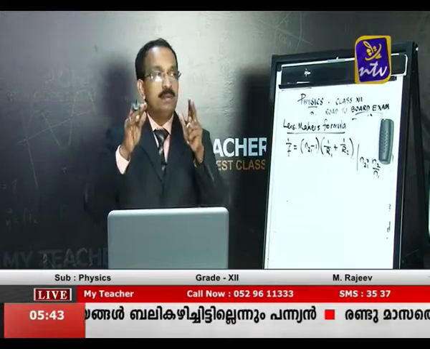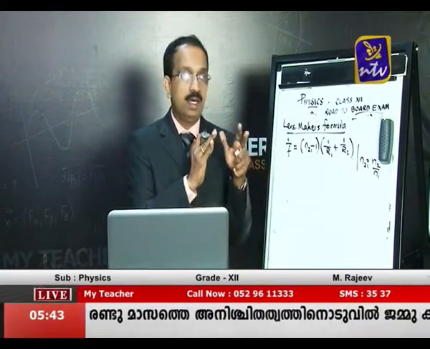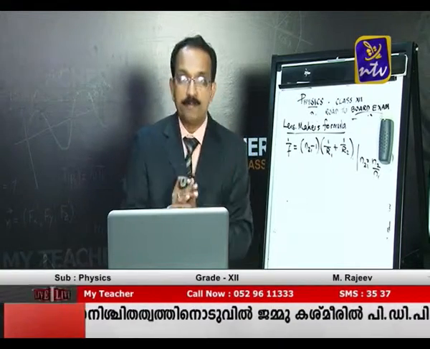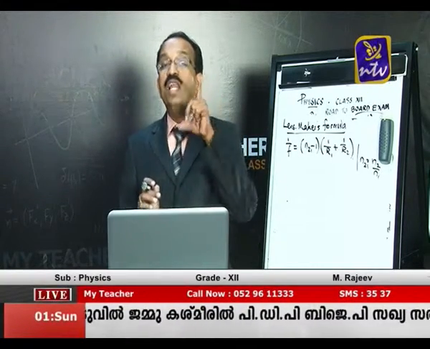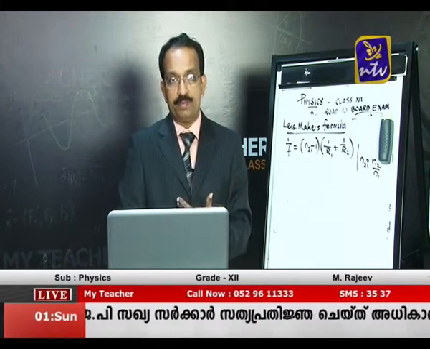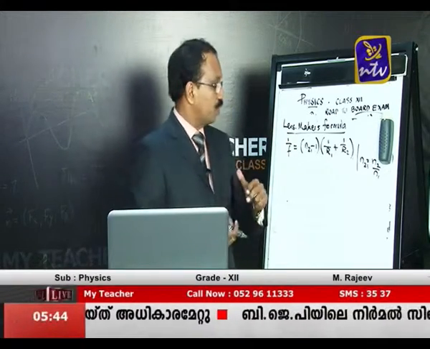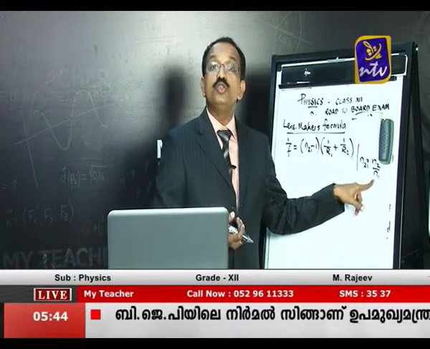Normally, when a glass lens is placed in air, or even inside water, the refractive index of the glass is usually greater than that of the medium around. So the medium's refractive index is usually less.